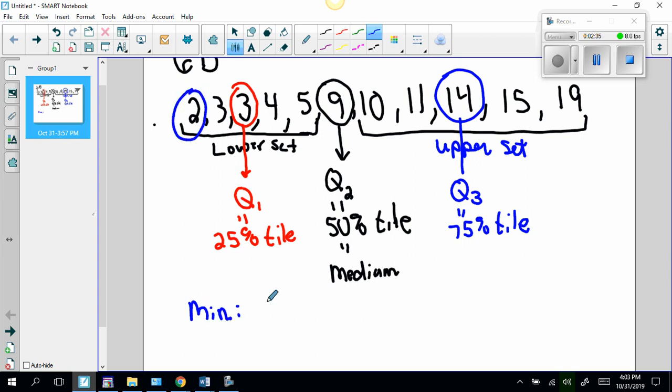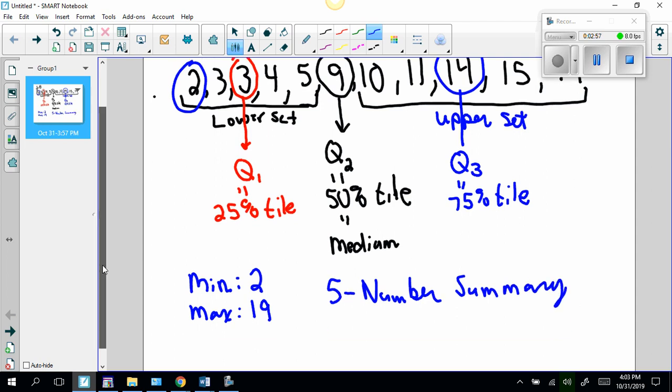Clearly, the minimum value is 2. We're going to find the max, and that's 19. These 5 pieces of data, min, max, Q1, Q2, Q3, are called a 5-number summary.